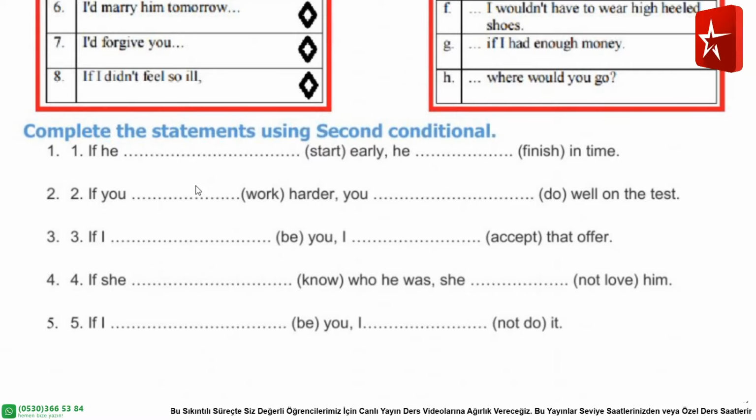The next one, number 3. If I were you, I would accept that offer. Great. Yes, Elif also says, if you worked, you would do it. Correct. If I were you, I would accept that offer. What about number 4?